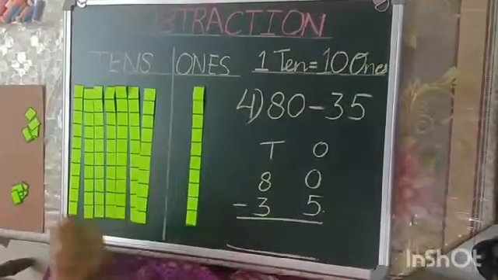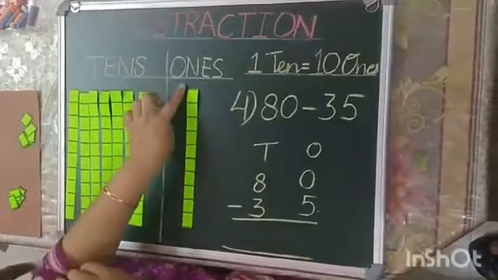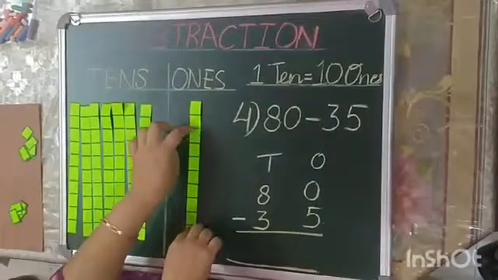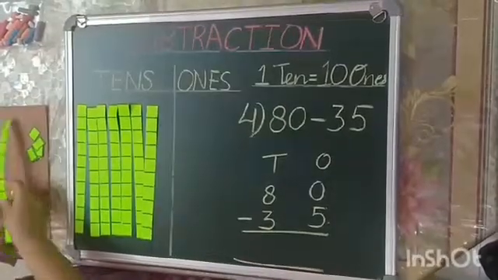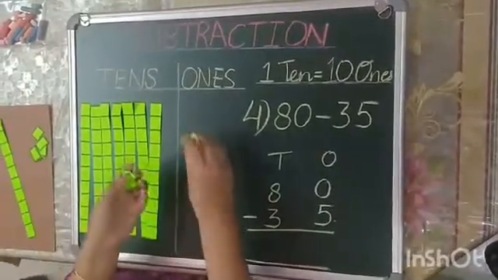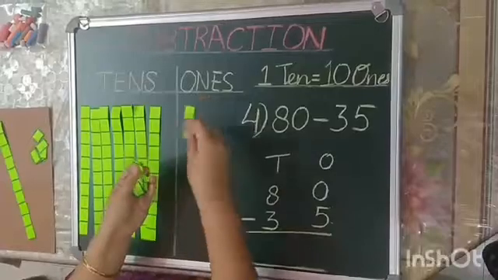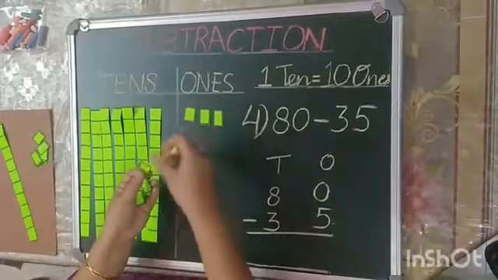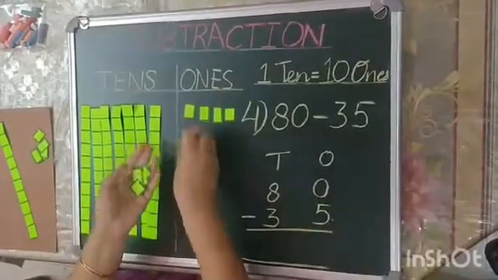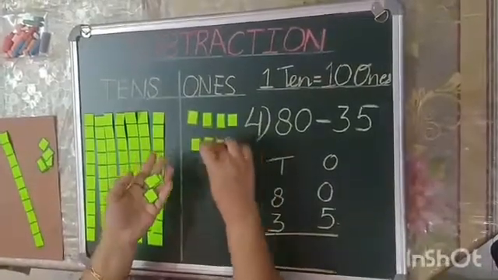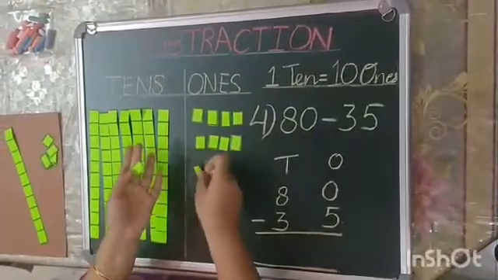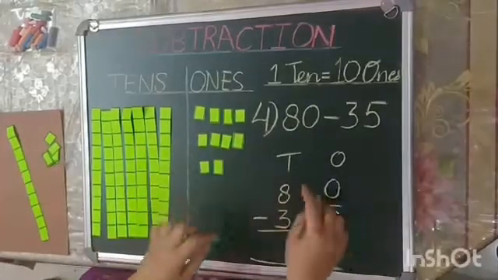I cannot keep this 1 ten in the ones column. What will I do? I will replace this 1 ten and keep 10 ones here. 1, 2, 3, 4, 5, 6, 7, 8, 9 and 10.